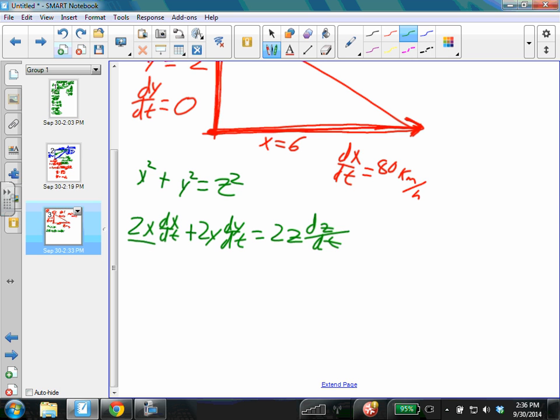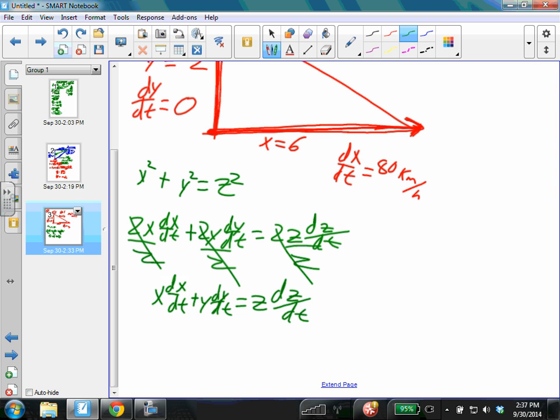I can divide everything by 2, and all my 2's will cancel. So I have x times the change in x plus y times the change in y is equal to z times the change in z.